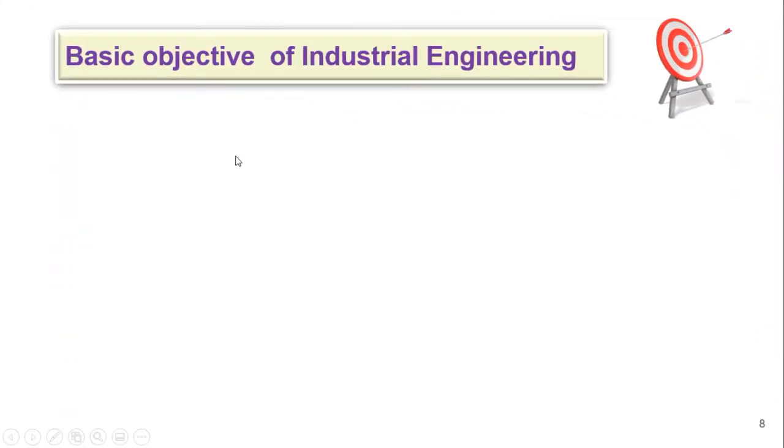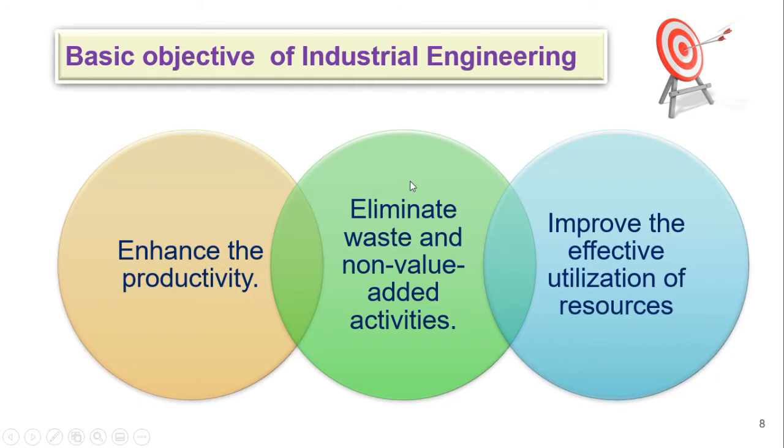So basic objective of industrial engineering, first of all, enhance productivity. Productivity has now become an everyday watchword. It is crucial to the welfare of an industrial firm as well as for the economic progress of a country.